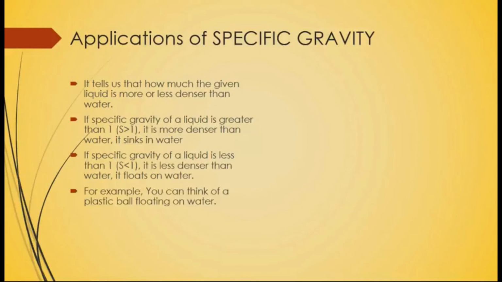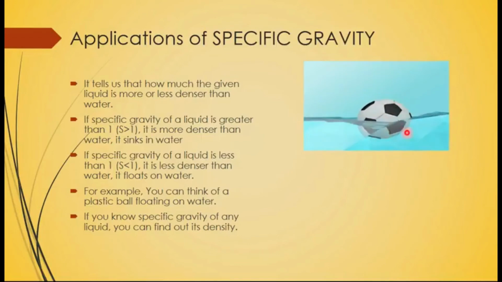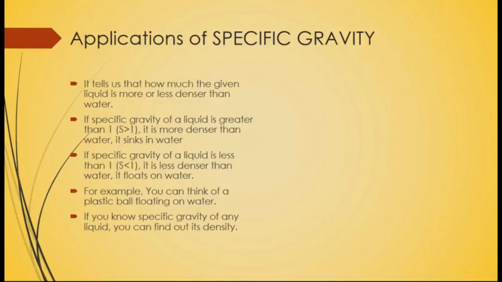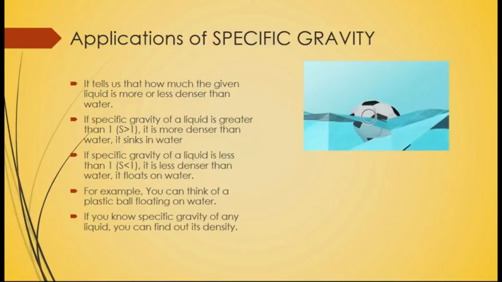For example, you can think of a plastic ball floating on the water. The ball floats because it has less specific gravity, or is less dense than water. Now think of an iron ball in the same place. What will happen? It will sink, right? Because the iron ball is denser than water.